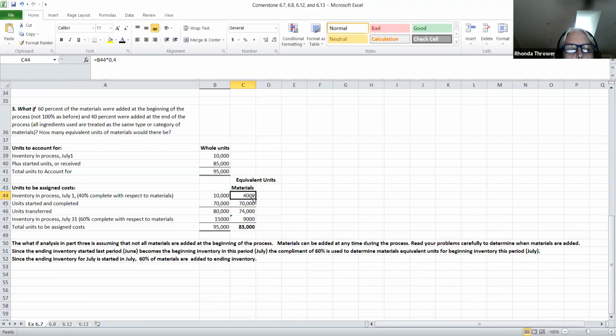We would have to use 40% as the amount of our equivalent materials, beginning inventory materials. So in other words, I took 10,000 and multiplied it by 40% because 40% was complete with respect to materials.